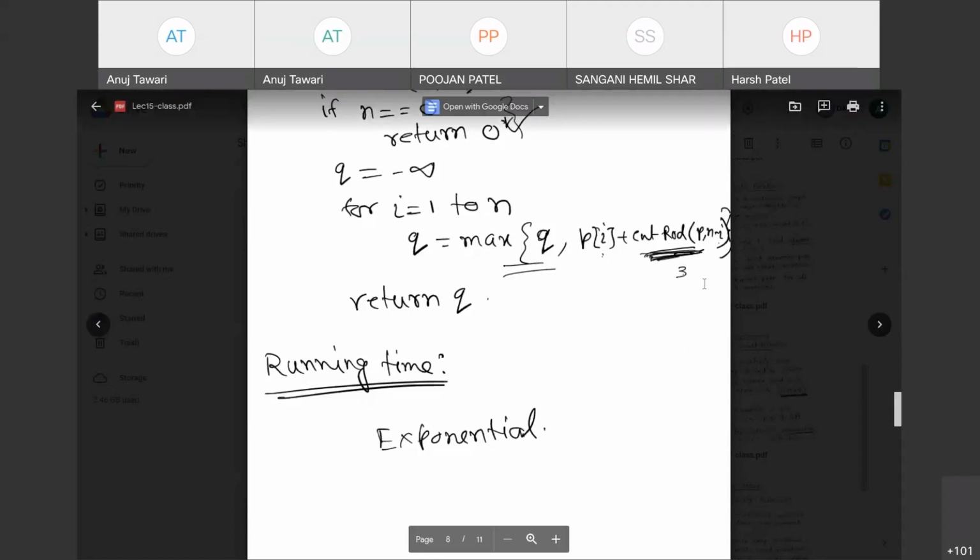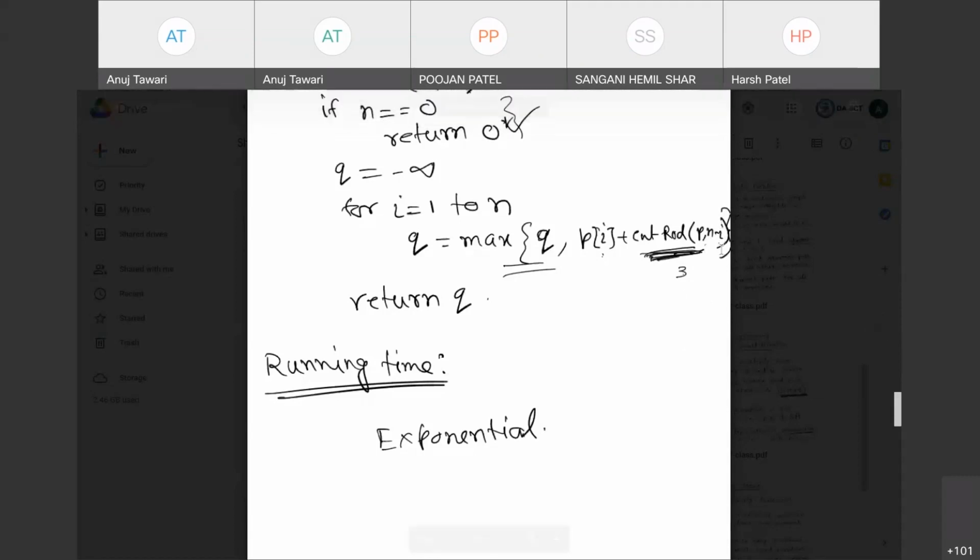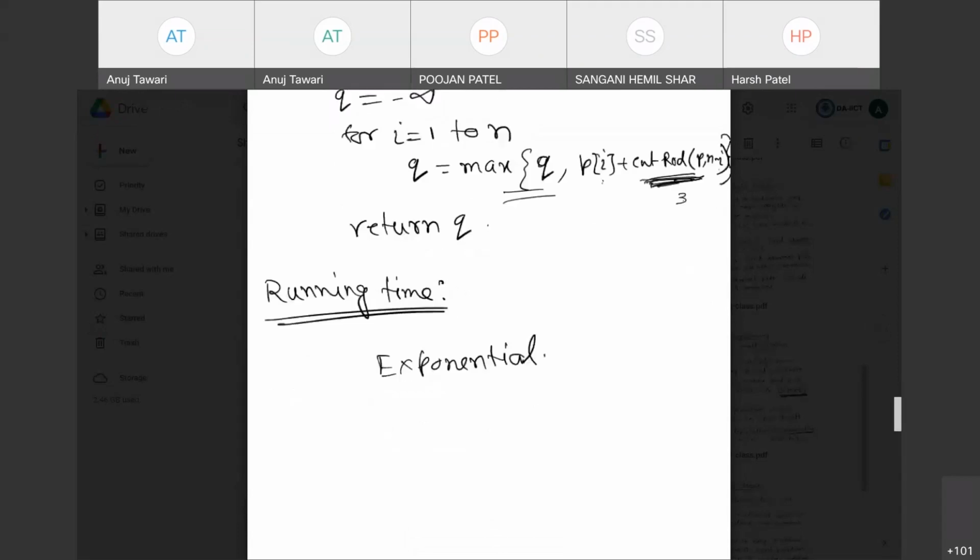The main problem is that the size is not going down by too much, just n minus i, whatever. So how do we get to polynomial, right?